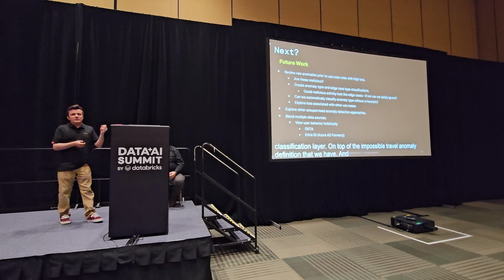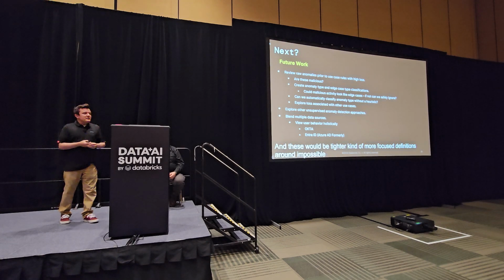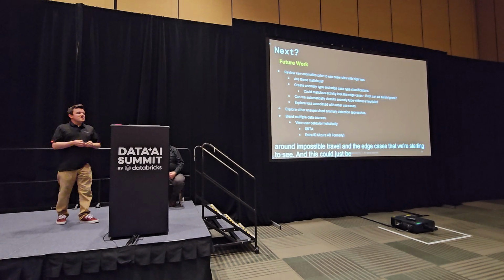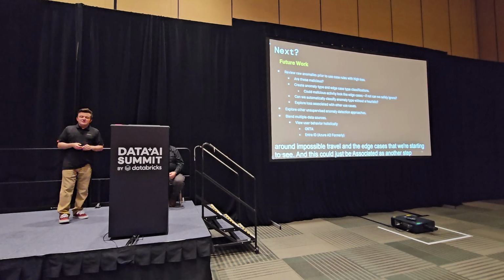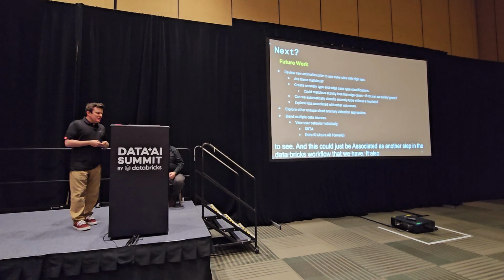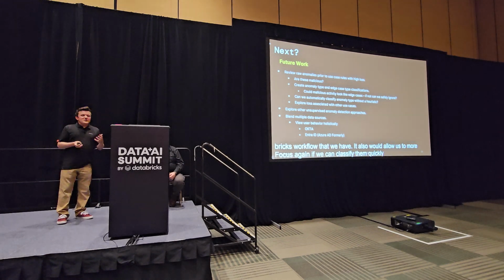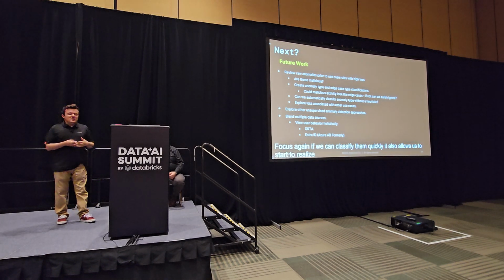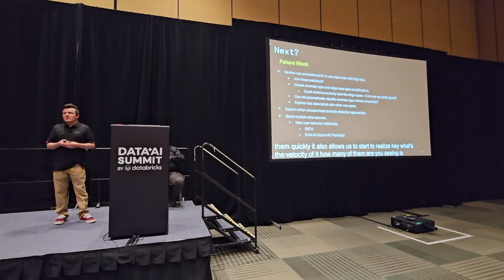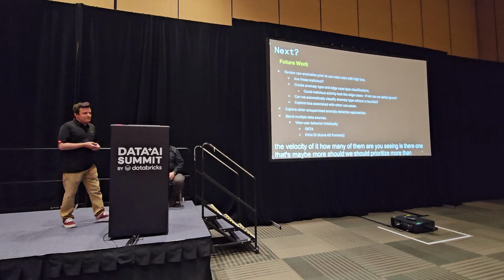These would be tighter, more focused definitions around impossible travel and the edge cases that we're starting to see. And this could just be another step in the Databricks workflow that we have. If we can classify them quickly, it also allows us to realize, hey, what's the velocity? How many of them are we seeing? Is there one that we should prioritize more than another?